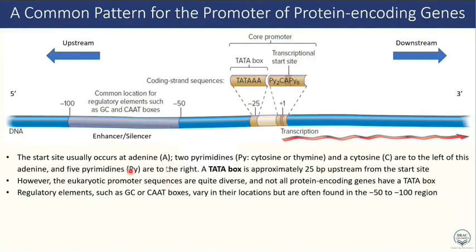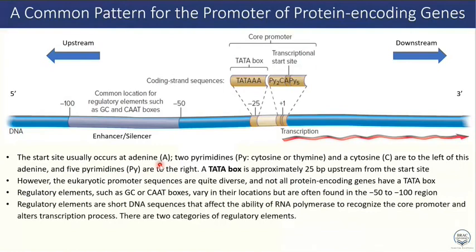So that is how we need to identify the different portions of a gene that mainly control its transcription. As I mentioned, the regulatory elements are short sequences that affect the ability of the RNA polymerase.